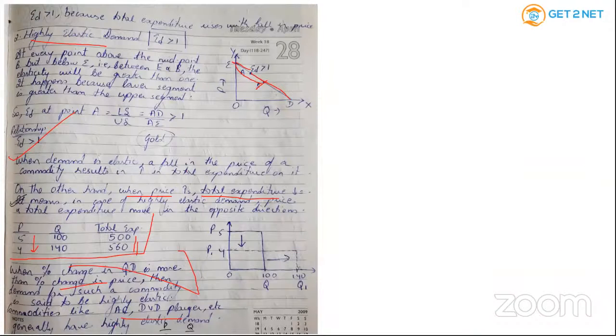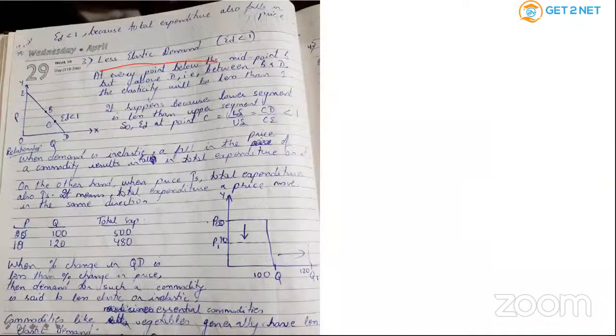Next is less elastic demand, just opposite. So what will happen? At any point between midpoint and D, that is between B and D, the elasticity will always be less than 1. It happens because the lower segment is less than the upper segment. Why?